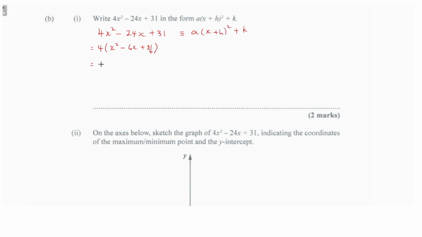The next step is to make it into a perfect square. So we're going to find half the coefficient of x, all squared. So the coefficient of x here is minus 6. So half of minus 6 is minus 3. So we write 4. I'm going to use this bracket here.